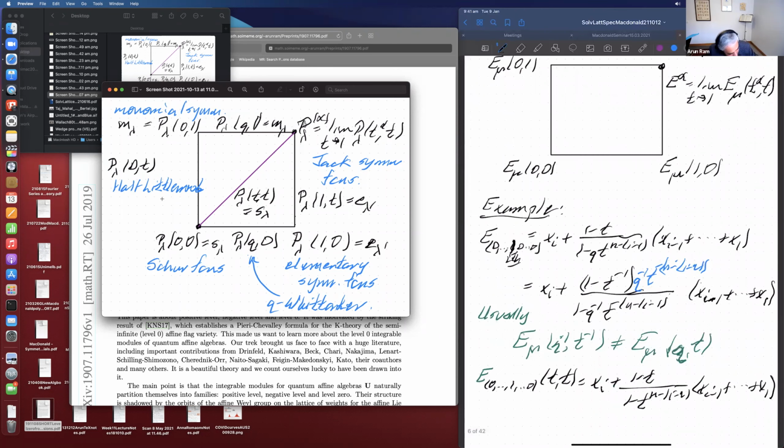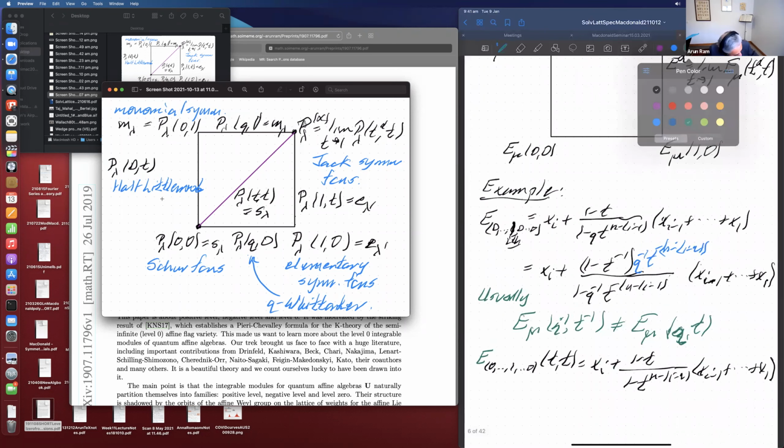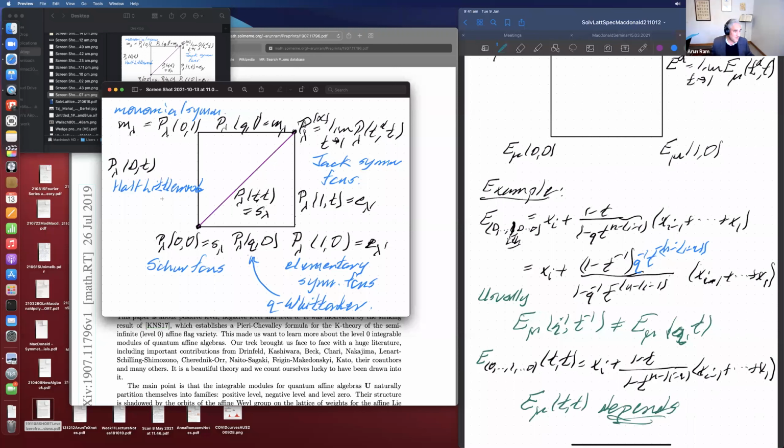So this is also really different: E mu TT depends on T, right? So we're not going to have that wonderful purple line along the diagonal where they all turned out to be equal and they didn't have any T's in them anymore. They just depend.